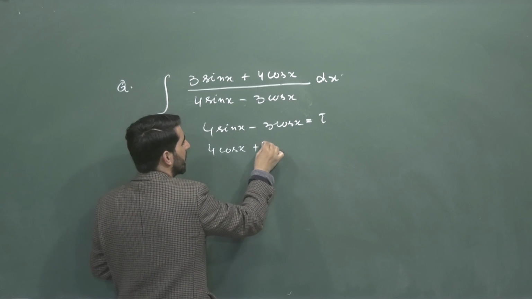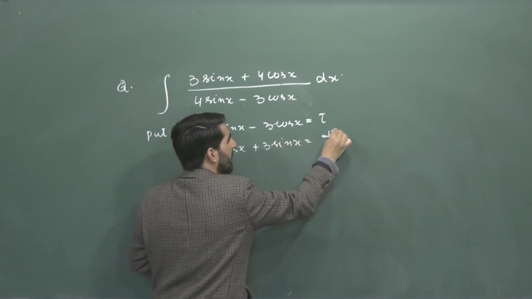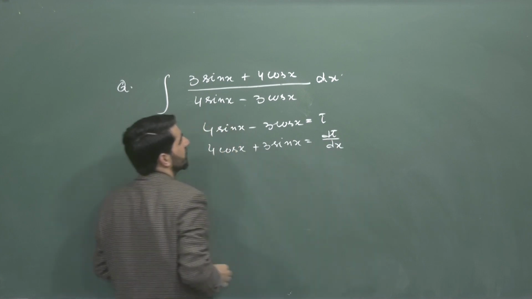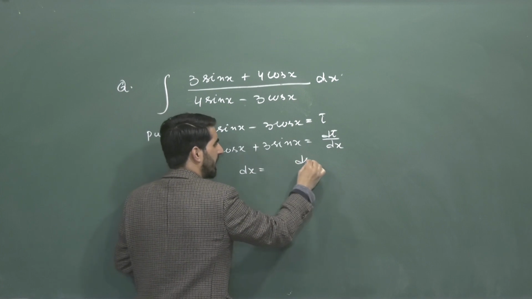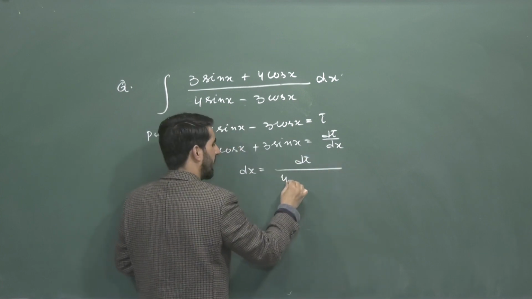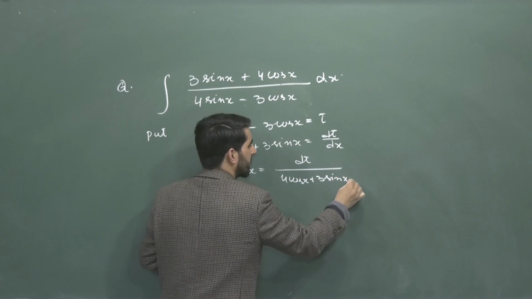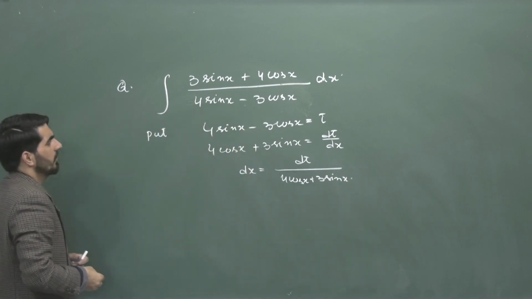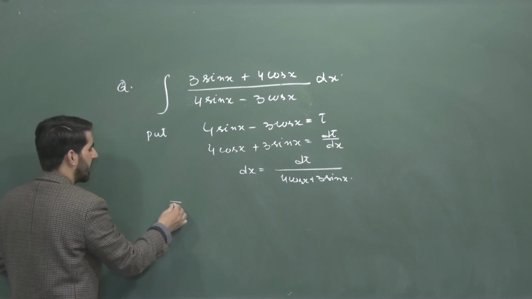So the differentiation of 4 sin x is 4 cos x, minus 3 times the differentiation of cos x, which is minus sin x. This will be plus 3 sin x, equal to dt divided by dx, and the value of dx will be dt divided by (4 cos x + 3 sin x). Substituting these values in the given function, what will we get?